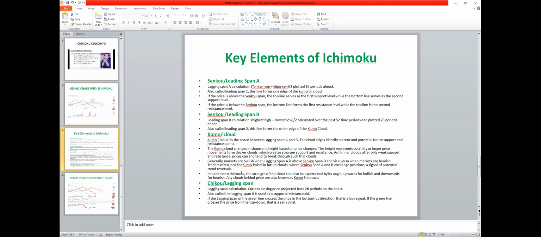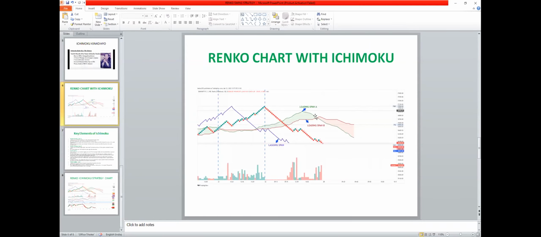In addition to thickness, the strength of the cloud can also be judged by its angle, upwards for bullish and downwards for bearish. Any clouds behind price are also known as Kumo shadows. It will be forming bigger if a smooth trending market happens. When I go to the TradingView chart, I will be showing that.